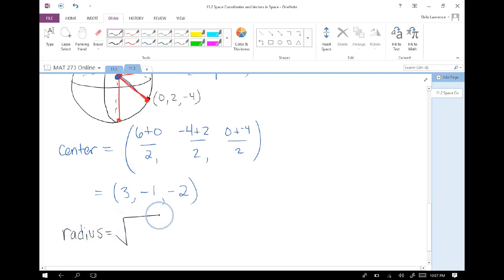So the radius is going to be, and this is just a 3-dimensional distance formula we talked about earlier, we do the difference in the x coordinates and square it. So I'm going from the center out to the edge, plus the difference in my y coordinates squared, and the difference in my z coordinates squared.